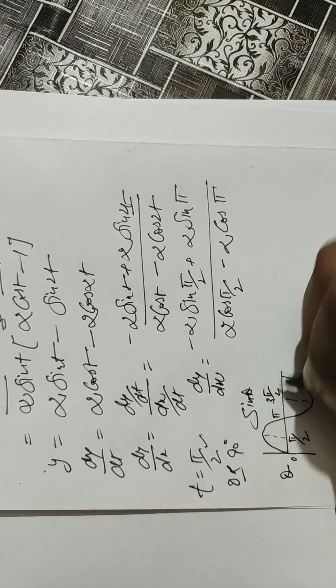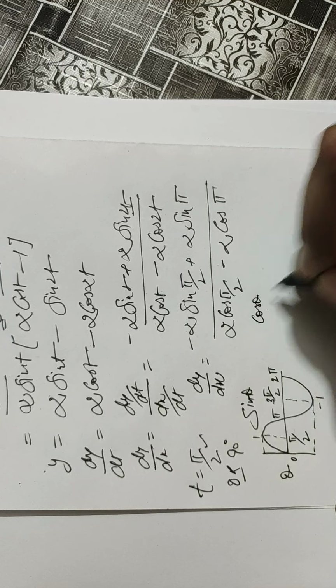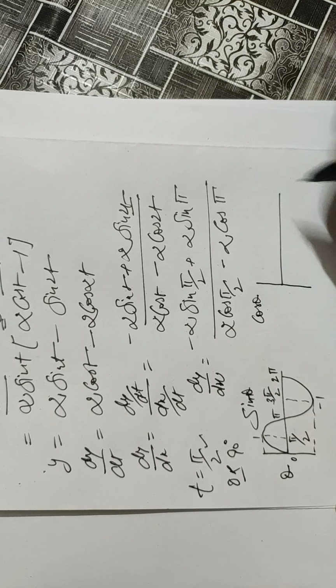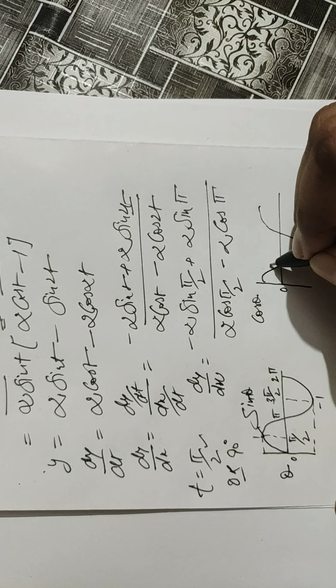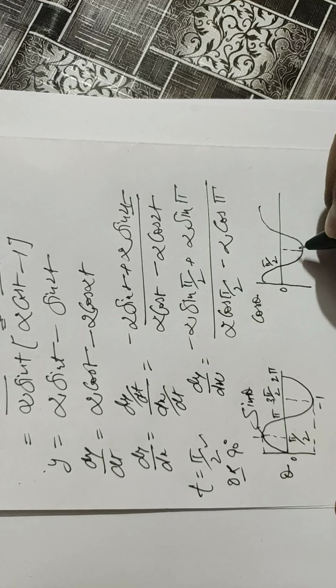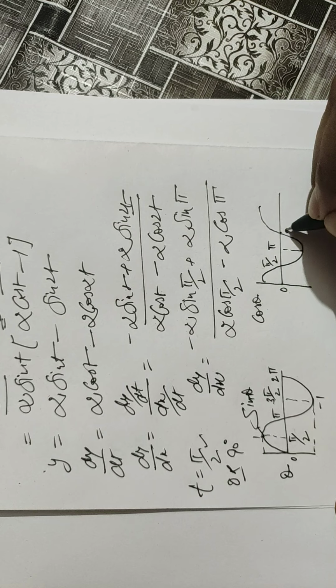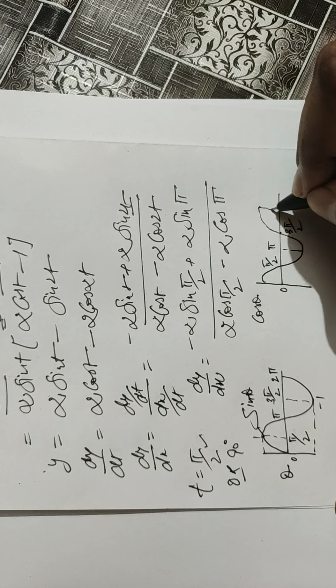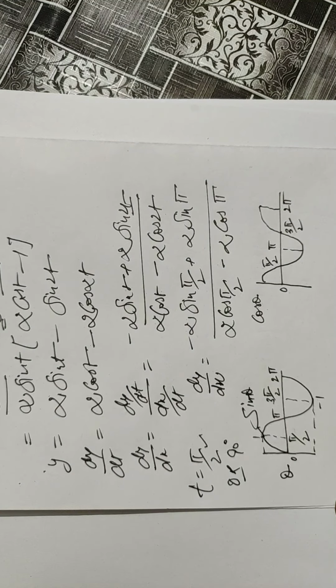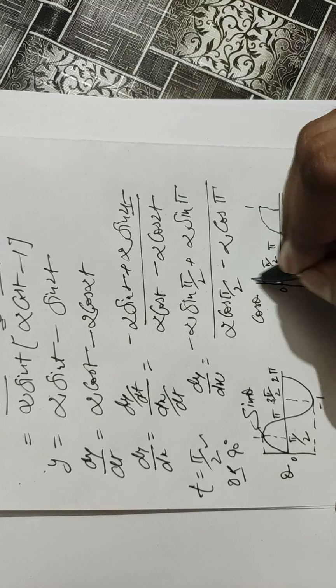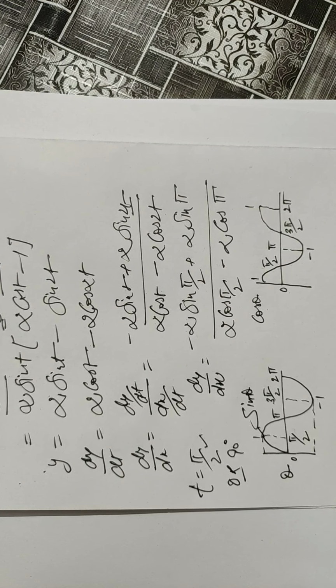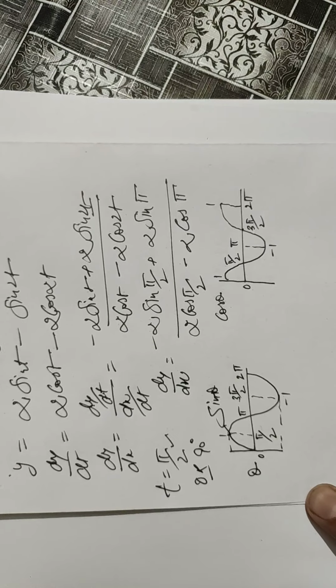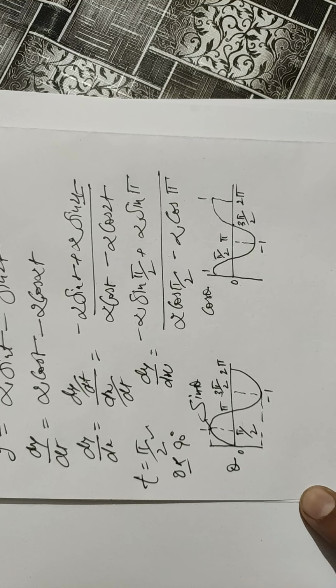In the same way, we have the graph for cos theta, which starts at this point, leading by 90 degrees. This is the graph in case of cos. This is at 0 degrees, 90 degrees, 180 degrees, this is at 270, and this is at 360. Same here, this is level 1, this is level minus 1. So we use this graphical method to learn the values when the angle is a multiple of 90.